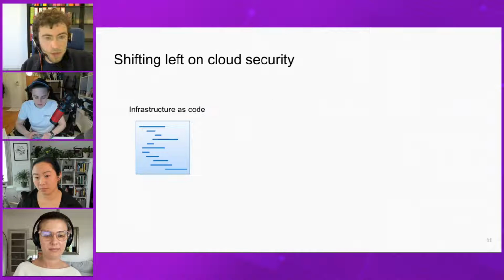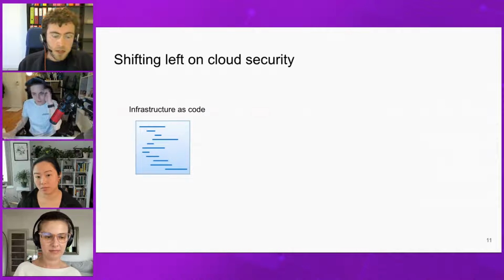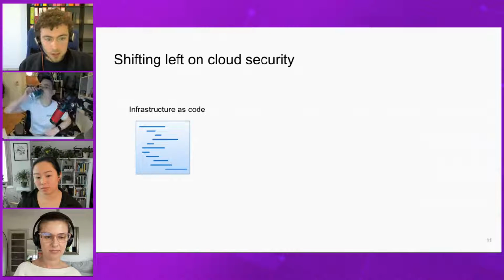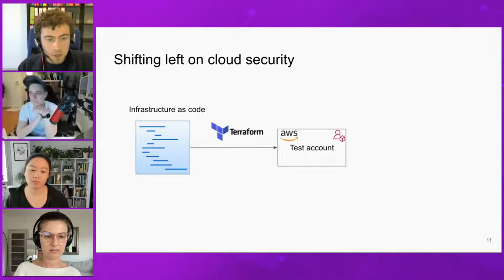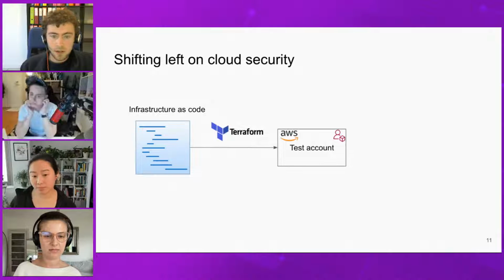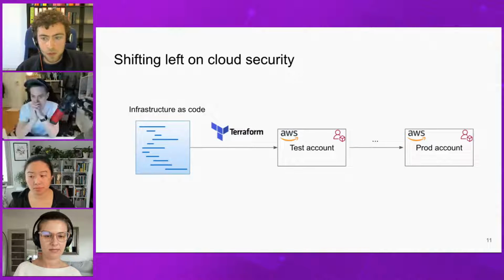Now, if we go back to cloud security, this is what a pipeline typically looks like. We're going to have infrastructure as code, maybe defined as Terraform. Today, we're going to focus on Terraform and AWS, but it's mostly applicable to a lot of other things as well. So we have our Terraform code that we are going to deploy inside a test account in AWS, and eventually it's going to end up in production.